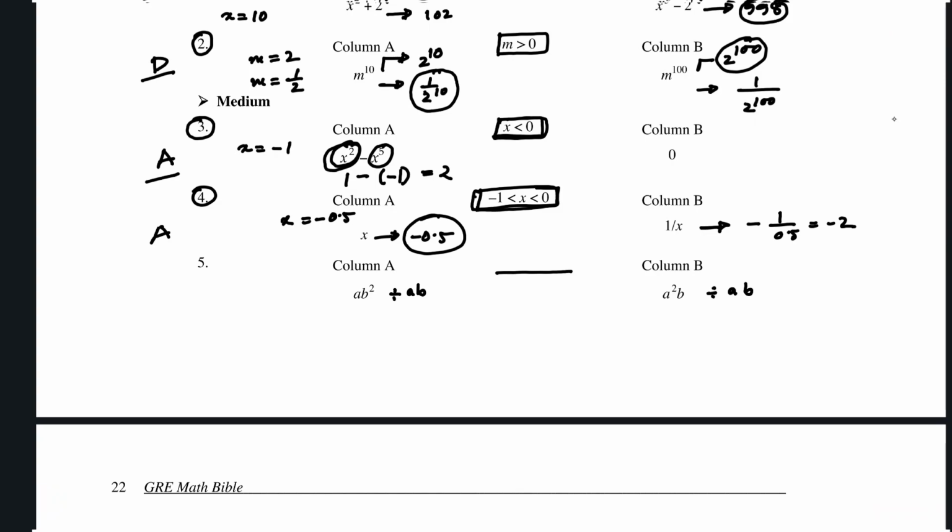So when we divide column A by AB, the only thing that remains is B. And when we divide column B by AB, the only thing that remains is A. But since there is no value given over here, we do not know what values A or B can take. So we cannot decide which column has a greater value than the other one. So for number 5, the answer should be D.